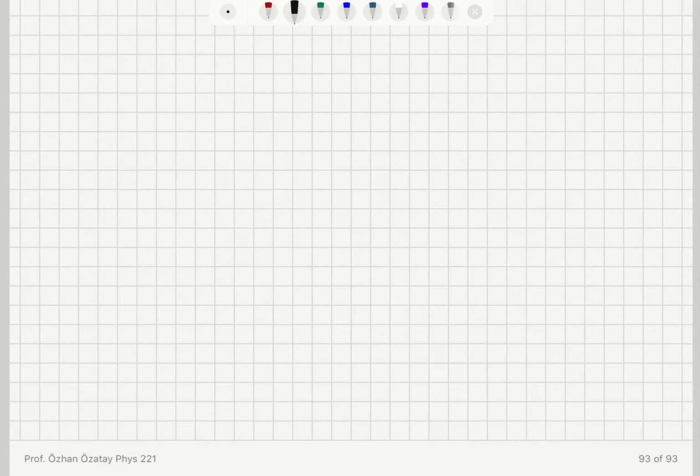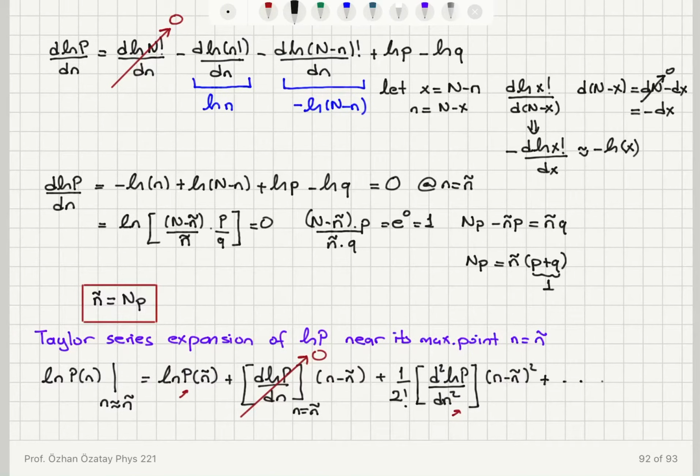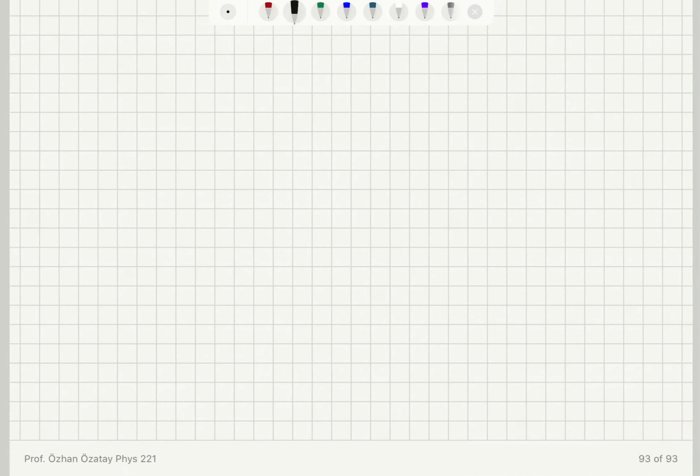So it's an approximation for the expansion up to the second order. Now, I'm going to take the second derivative, so I need to find what is d squared natural logarithm of p with respect to n squared. So what is this?